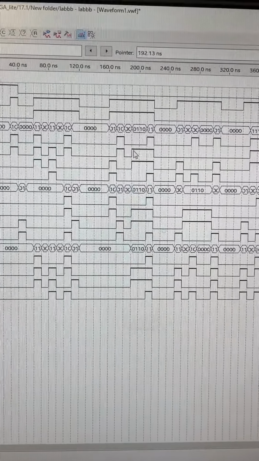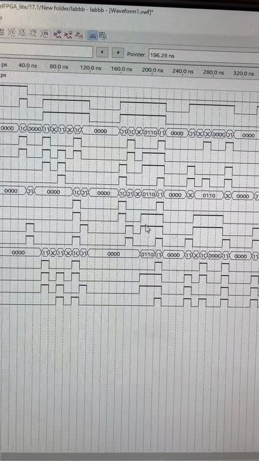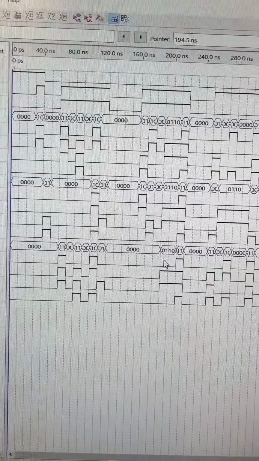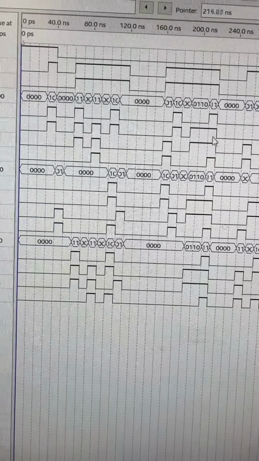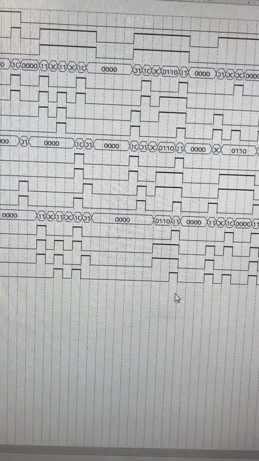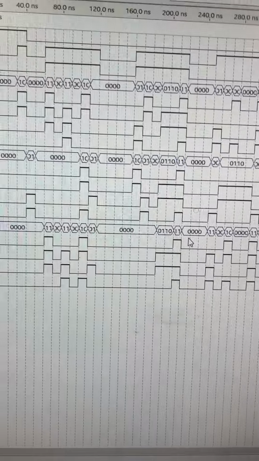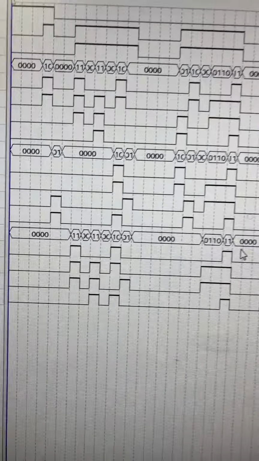If I get 0, 1, 1, 0 and a 0, 1, 1, 0 here, then the output will be 0, 1, 1, 0. And when I get all 1s for input A and B, then the output will be 1, 1, 1, 1.